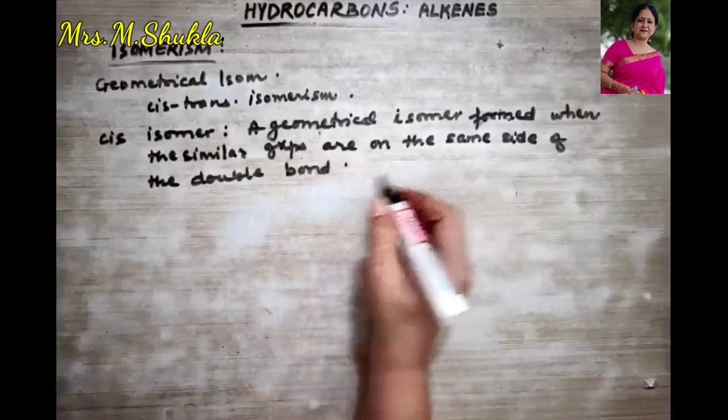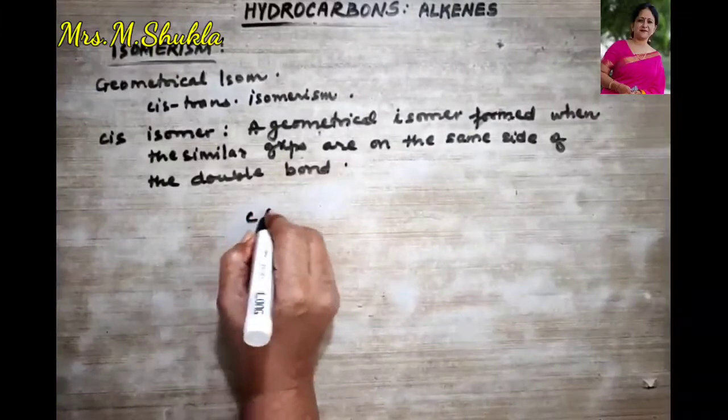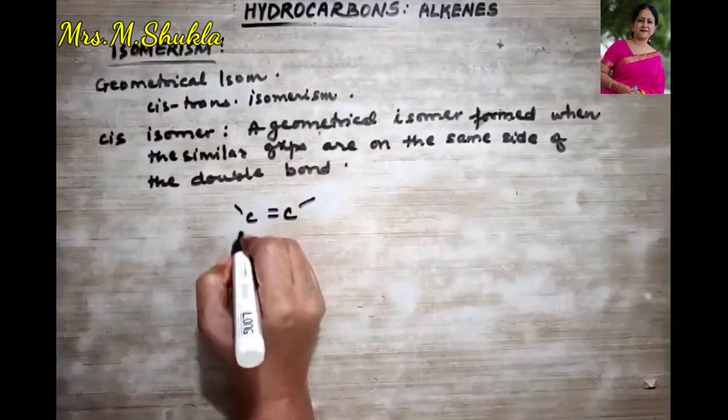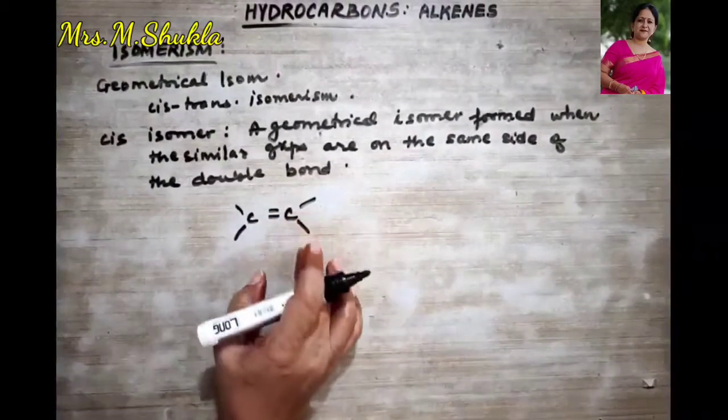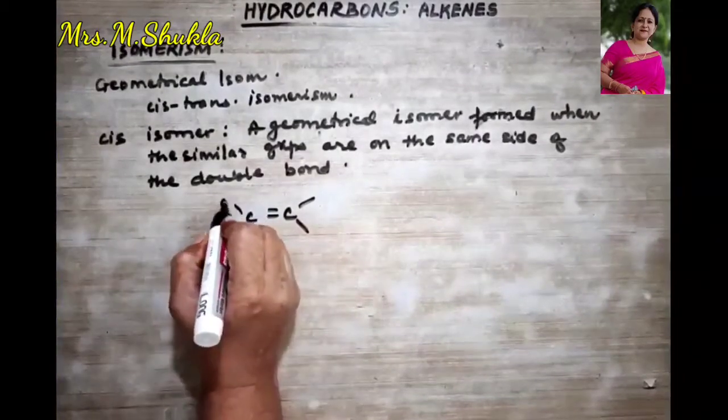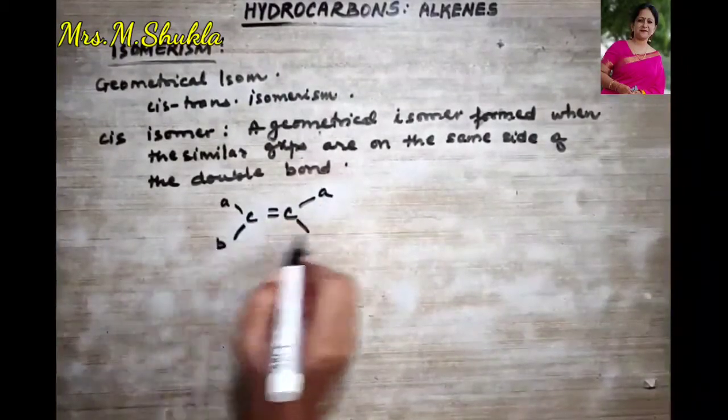Okay, so it could be like C double bond C, and these are the substituents, then A, B, A, B.